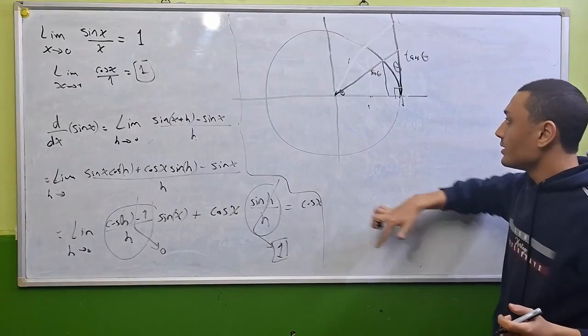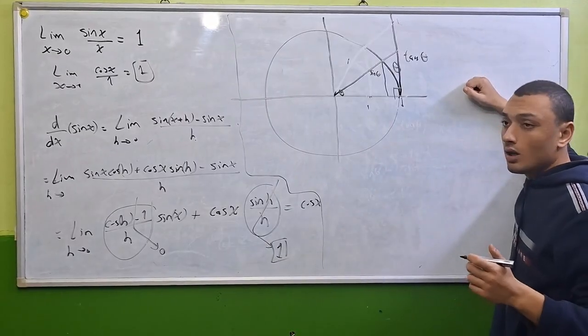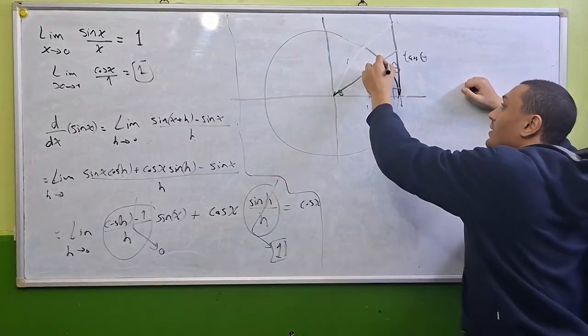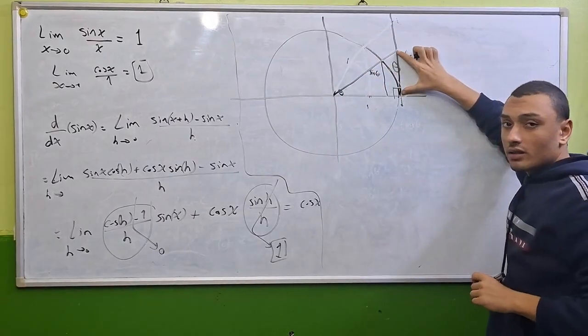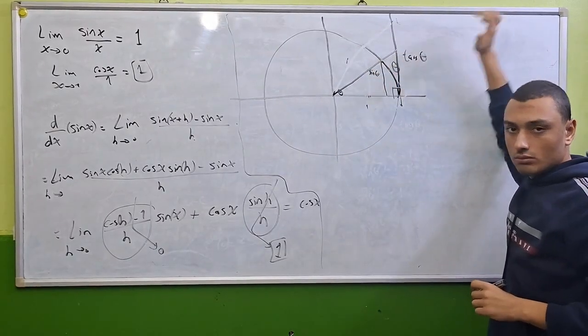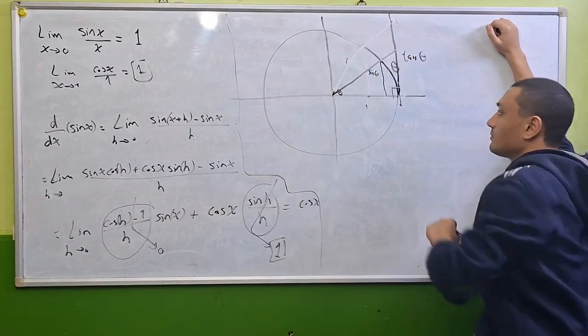The proof is, well, we know that this arc length is smaller than this height, tangent of theta.